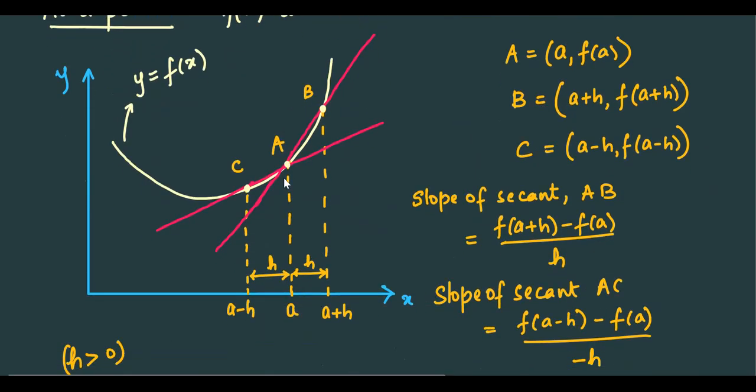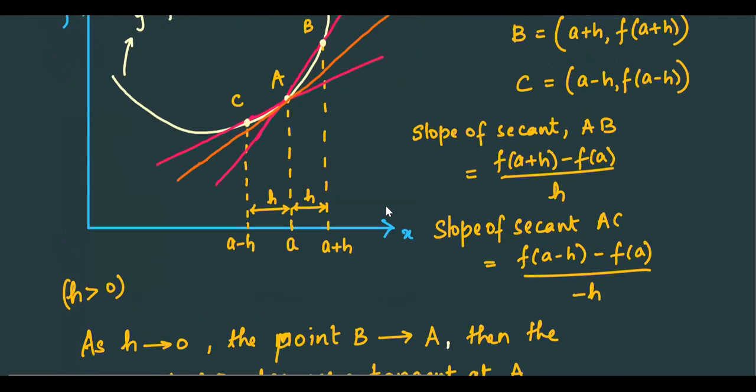The way I explain to the students is like this. I'll draw a tangent line more carefully. So this is the tangent at a. This line touches the curve at a at one point.